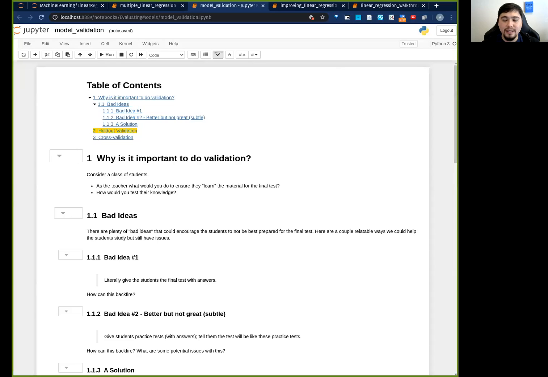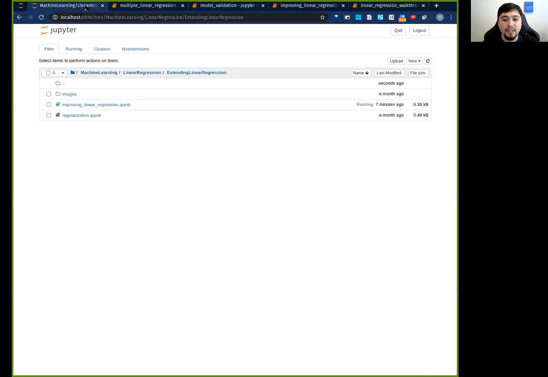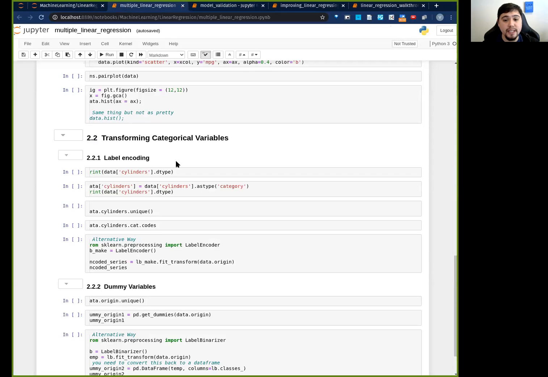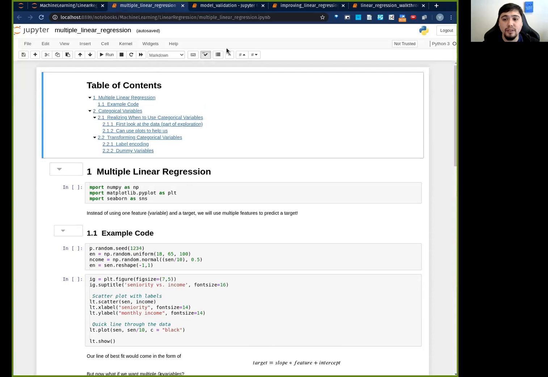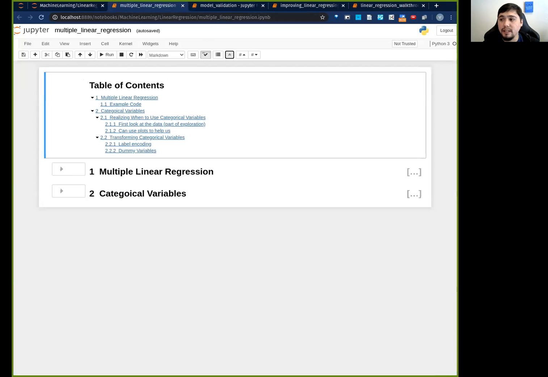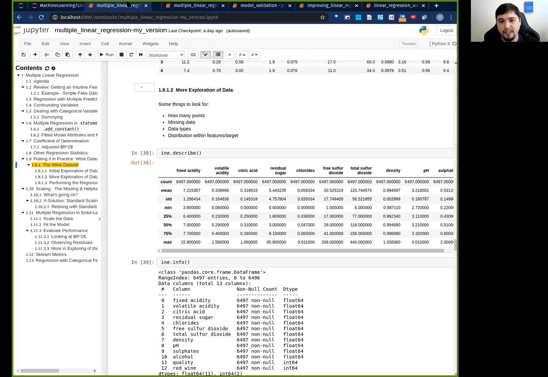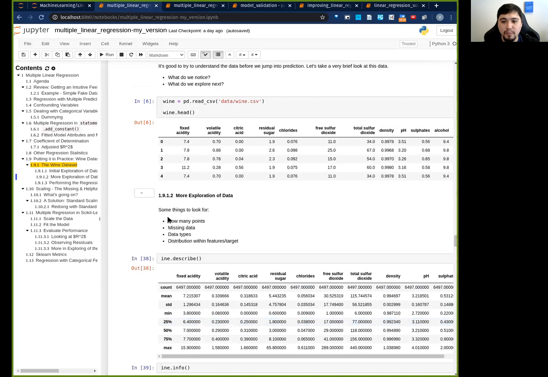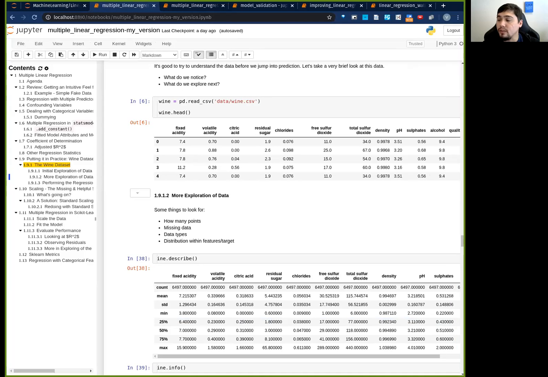Just reviewing while I pull up my screen: we talked a lot about machine learning, we introduced the idea of linear regression, and then we started talking about multiple linear regression. And I believe I showed you all a snippet from this notebook, a notebook in progress, where we went through using this wine data set and looking at how we can use Sklearn to perform a linear regression.